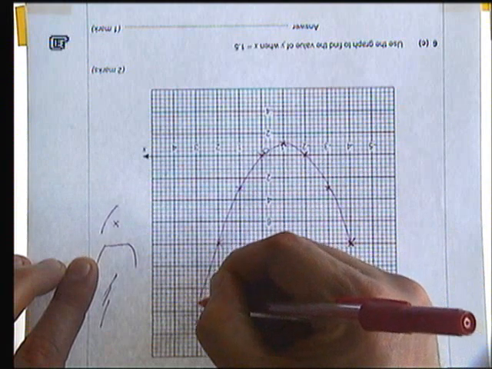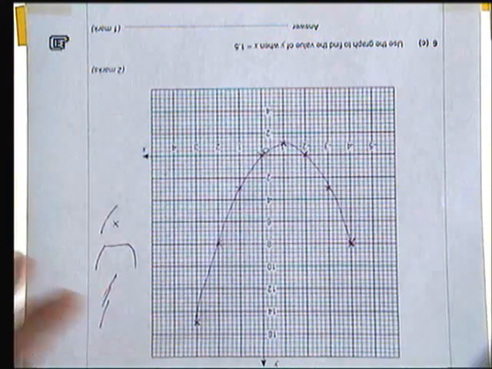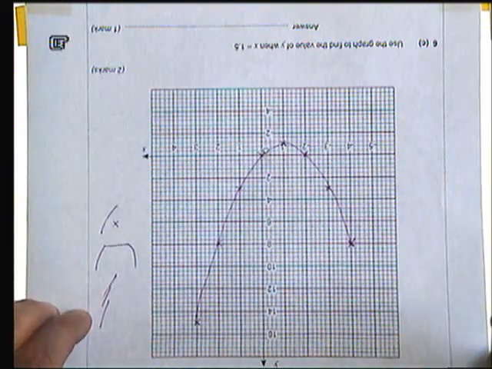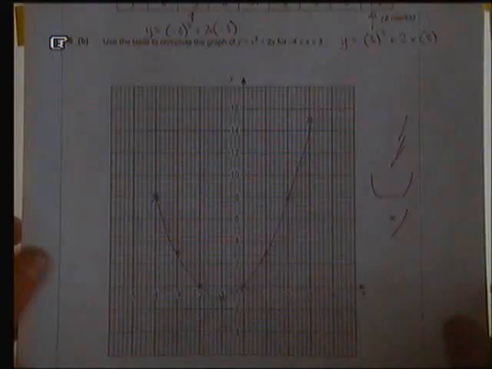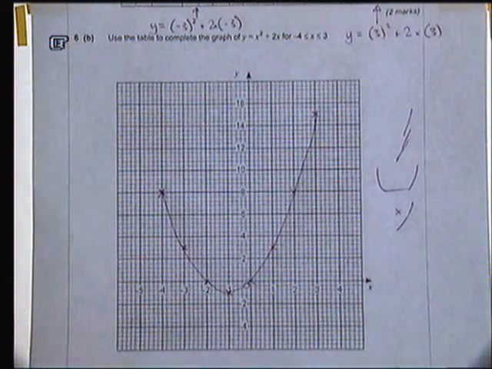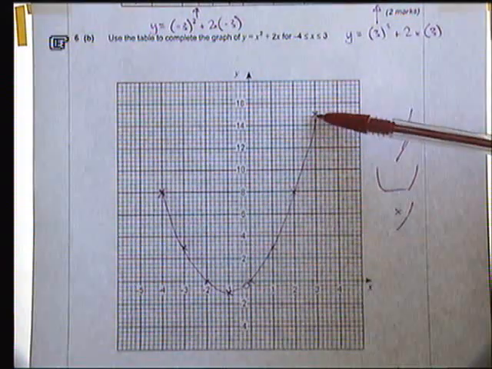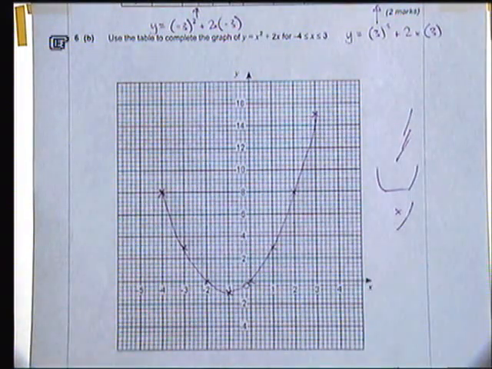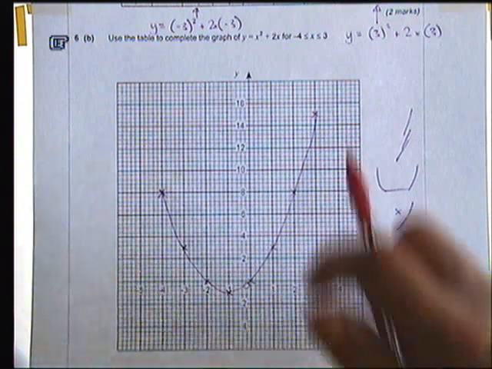And I would do this in pencil. I'm doing it in pen for you so you can see, so that I could rub it out. Okay, and if I bring that back to the right way around, you can see that's a nice smooth line passing through every point. If I have made a mistake here, I've not quite gone through that point there. You would rub that out with a rubber and just do that last bit again.